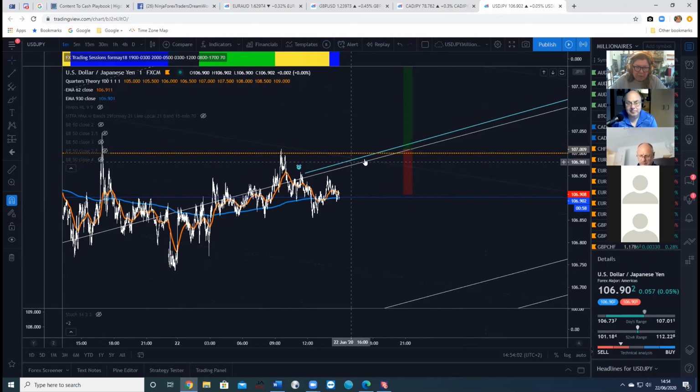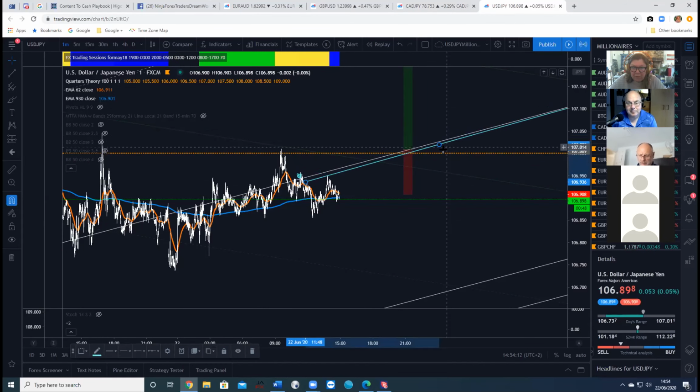So I've got it marked to look at where that pitchfork crosses quarter theory. I was going to wait for that alert to go off at 1.107.000. That's the quarter theory line. And it's moving quite slowly at the moment. There's your trend.